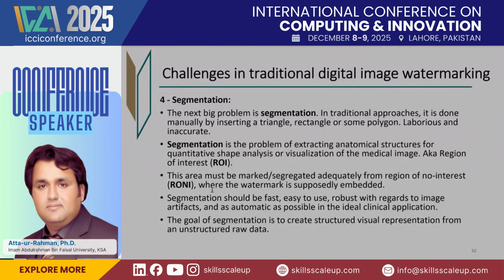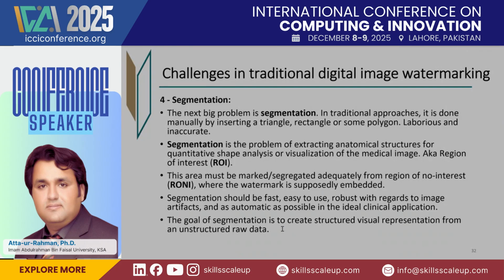However, in the RONI, we always find the region to embed the watermark. So this is the desert in the image where we can hide the watermark. Segmentation should be fast, easy to use, robust with regard to image artifacts, and as automatic as possible in ideal clinical applications. So definitely this is where digital image watermarking can play a crucial role.